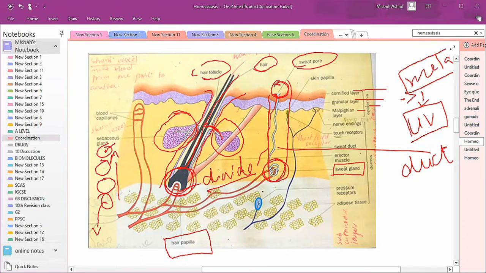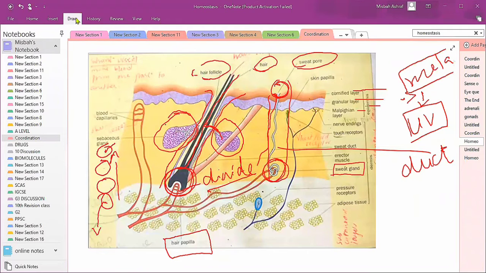Sometimes you see that oil is accumulated on our body, that oil is actually the sebum. Sebum has different purposes. It is antiseptic, which means it will kill the germs, and it also lubricates and softens our body.